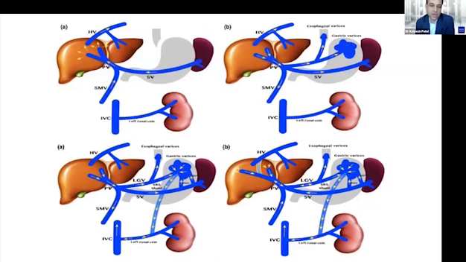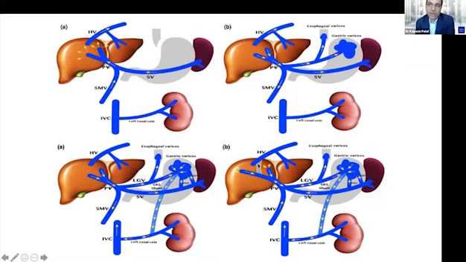Further down, we can see contributions of both the short gastric vein and the posterior gastric vein as well. In my head, when I thought about gastric varices, I always imagined this sort of picture. But as I've learned more about it, I realized that it can be quite complex, and understanding these relationships and connections really helps us select the proper treatment. Here we see just a final example.